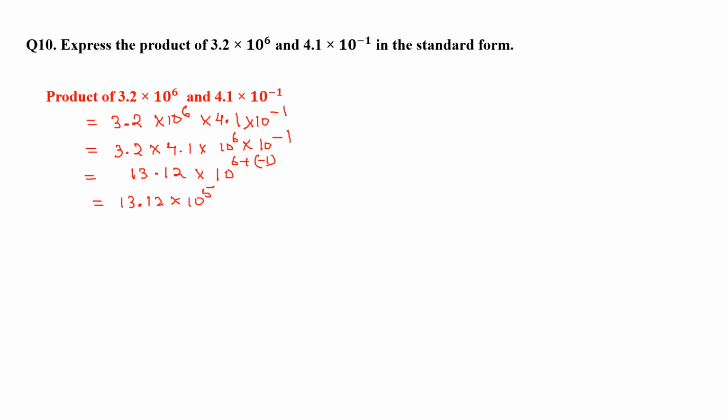But this is not in the standard form. Because in the standard form, you have to write it in the form of k into 10 to the power n, where k should lie between 1 and 10, where 1 is included. It means it should be between 1 to 9.99. But 13.12 is more than 9.99, so I have to convert it.